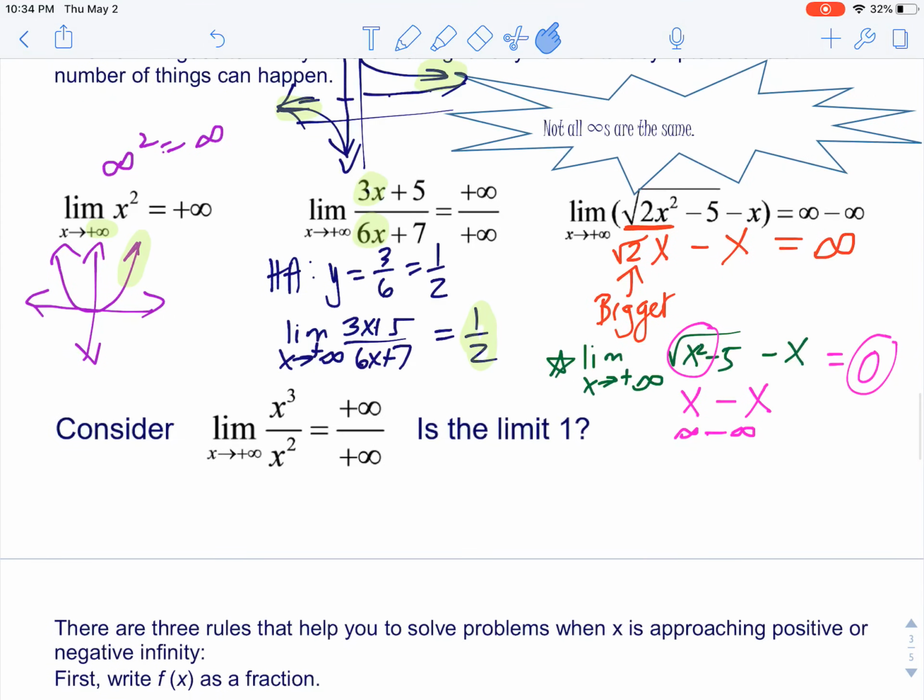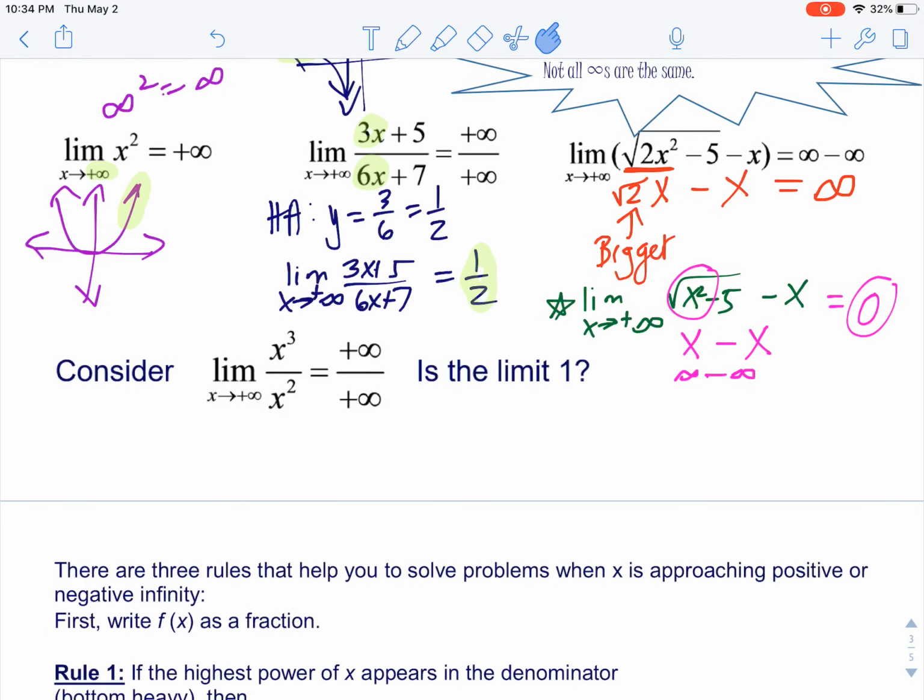So again, looking at this, if you plug in infinity, infinity to the third is going to give you infinity, infinity squared is going to give you infinity. But if you think about this function, this could simplify to be the limit as x approaches infinity. Simplify x cubed over x squared, you get x.